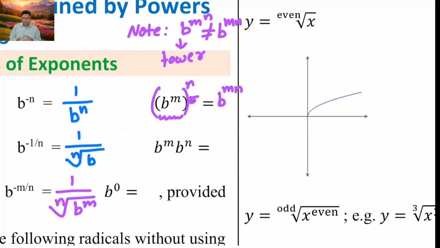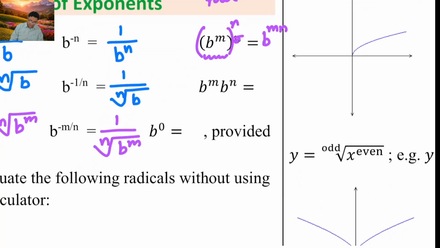But for us right now, what I want to emphasize is, if you are raising b to the power m, the whole b to the m, as a power, then you multiply the m and n, and it becomes b to the mn. Whereas if there is no parenthesis, then first you raise m to the power n, and b is raised to whatever number you get, and the values are going to be different generally.